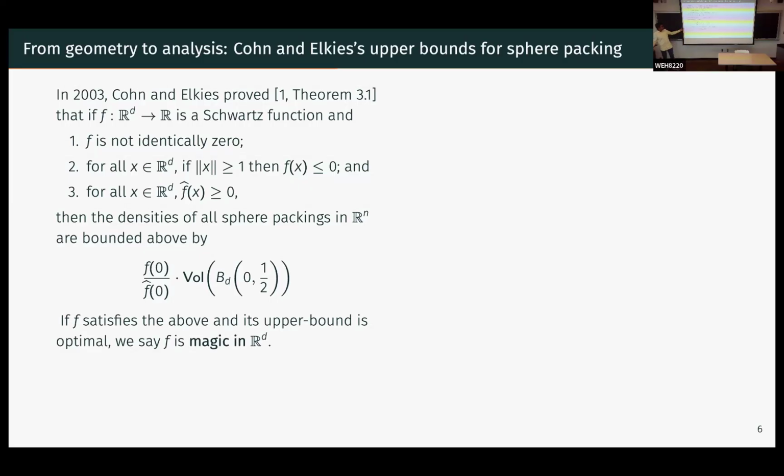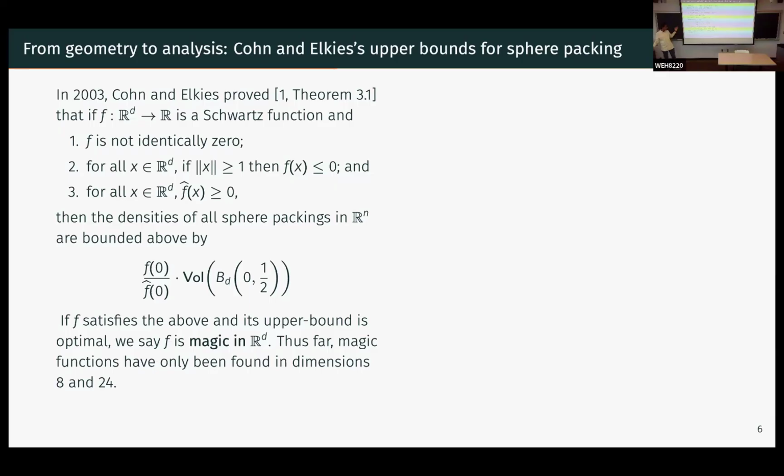If this upper bound is precisely the density of some known sphere packing, then the densities of every sphere packing are at most the density of that known packing, which means that packing is optimal. The upper bound is achieved by that packing.